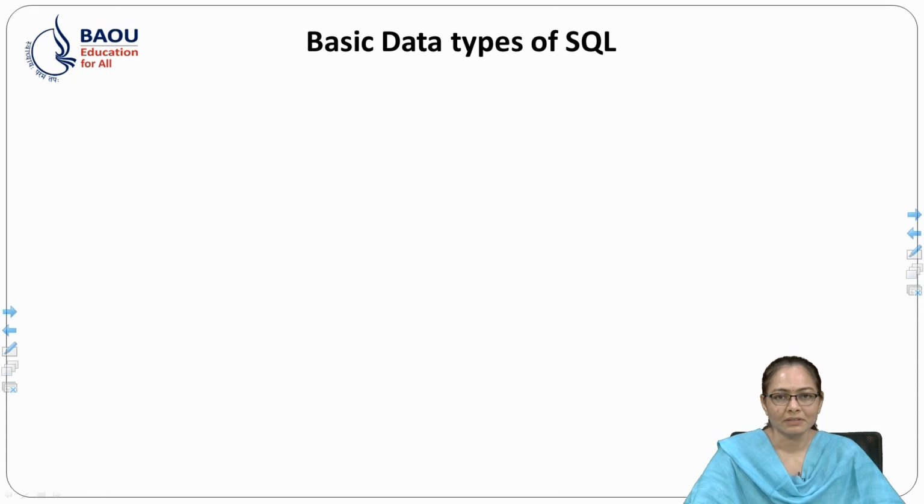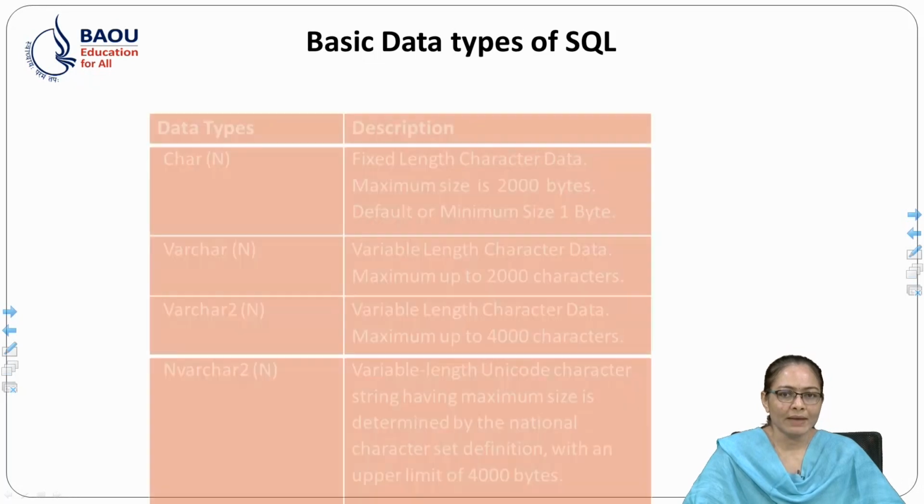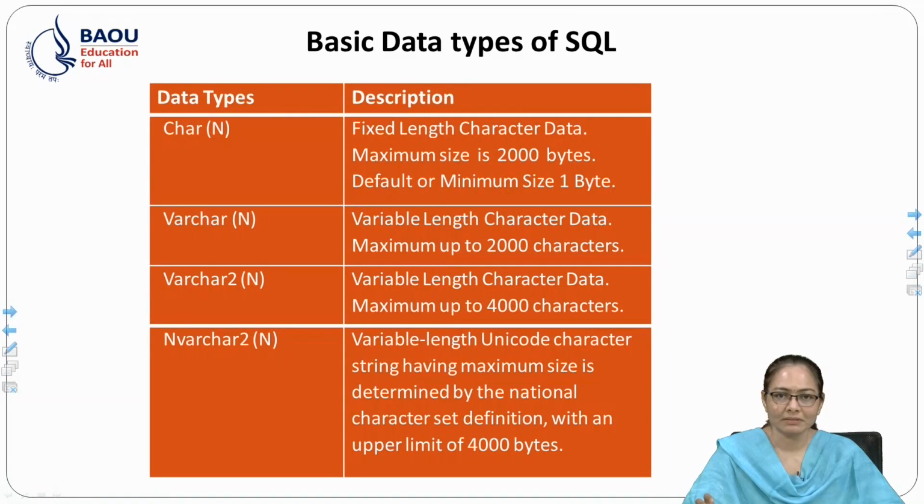First of all, we start with the query. Before that, we need to know the data types of SQL. When we create the table, the following data types are used, which are provided by Oracle or the database.